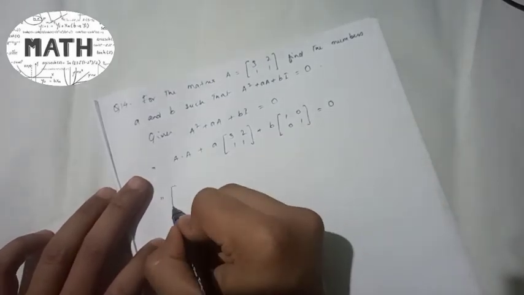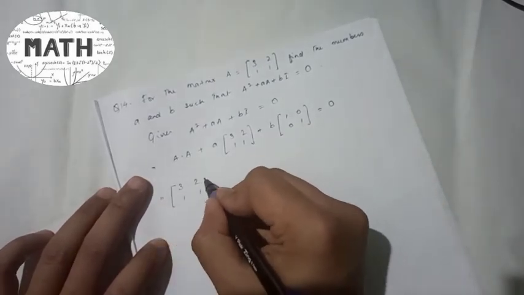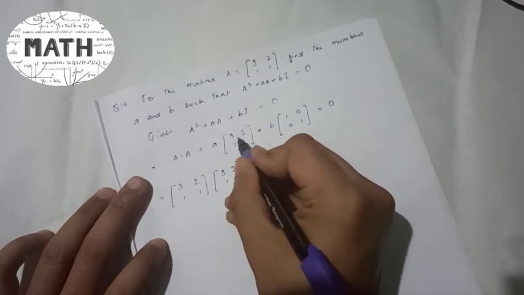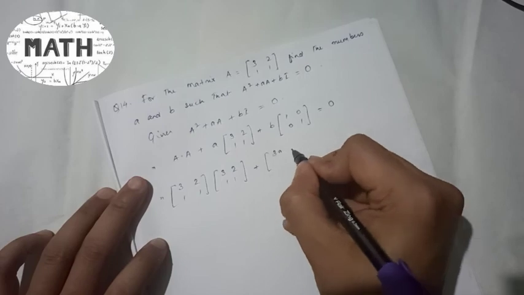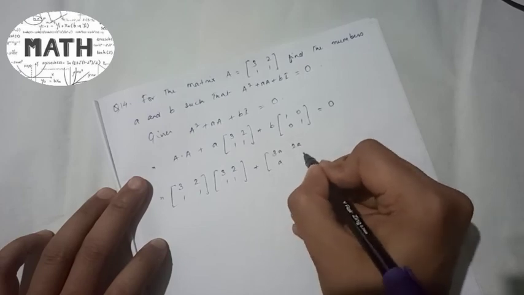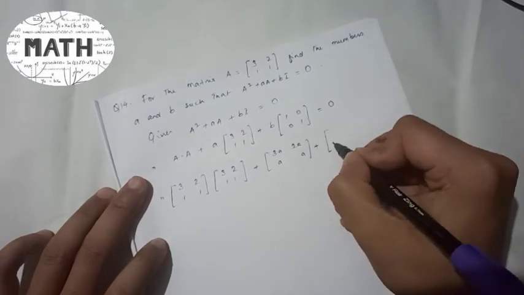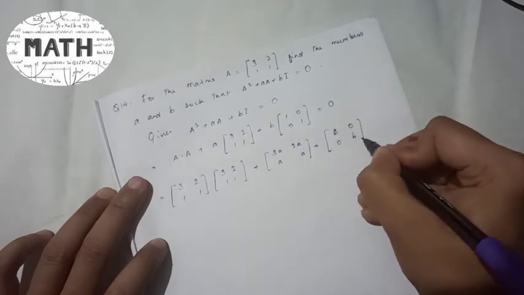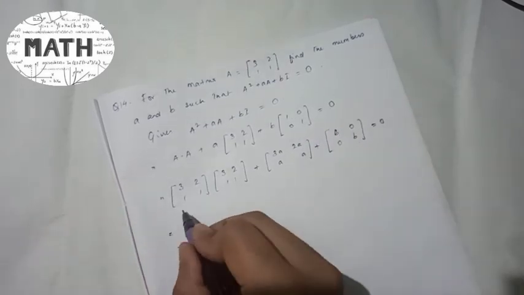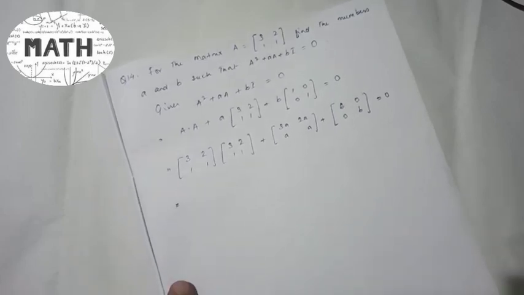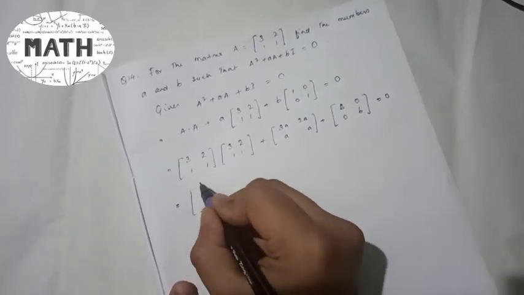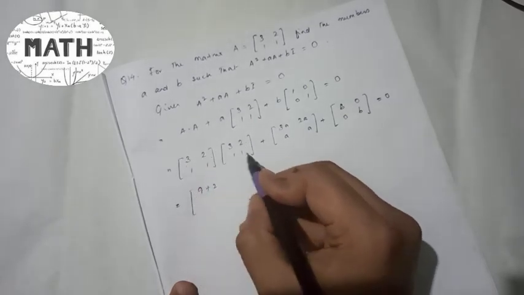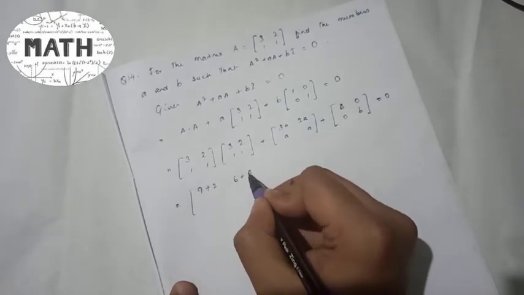Now your A into A means 3, 2, 1, 1 into again 3, 2, 1, 1, plus, let me put a inside the matrix, I'll get 3a, 2a, a, a, plus similarly I'll just put b inside the matrix, so b, 0, 0, b. Now let me solve this one. I'll get 3 threes is 9 plus 2. Similarly, row with the second column, 3 twos is 6 plus 2.